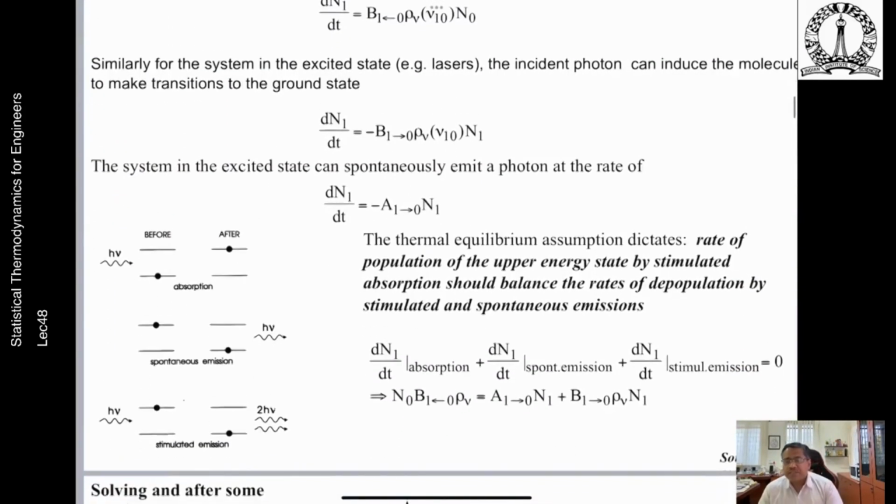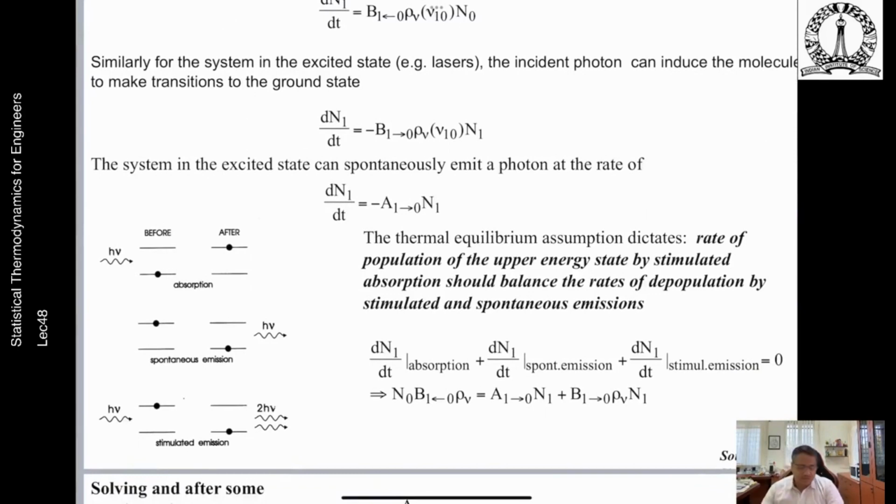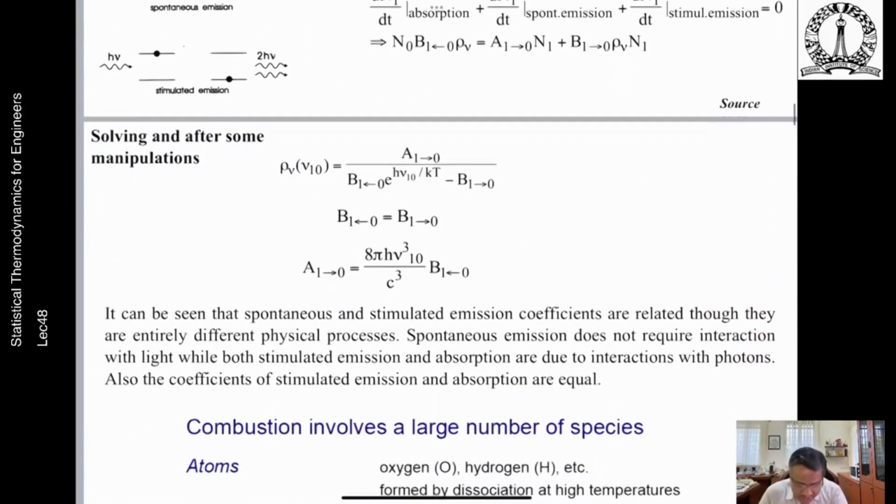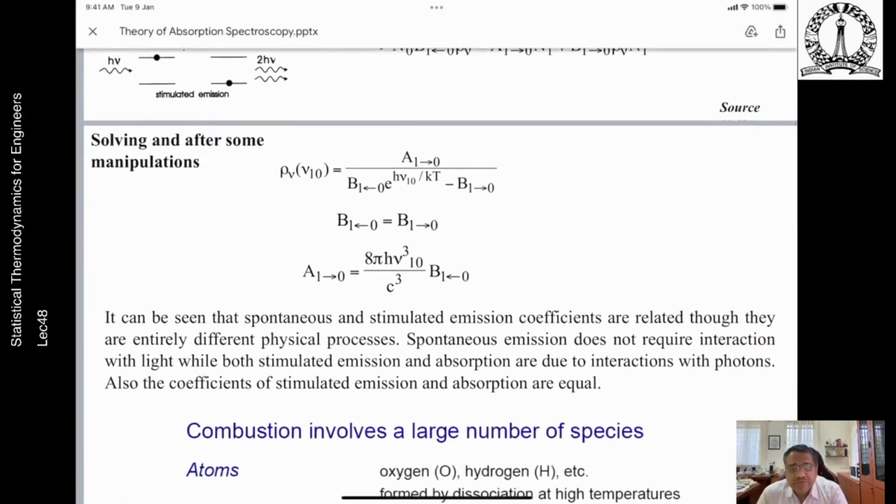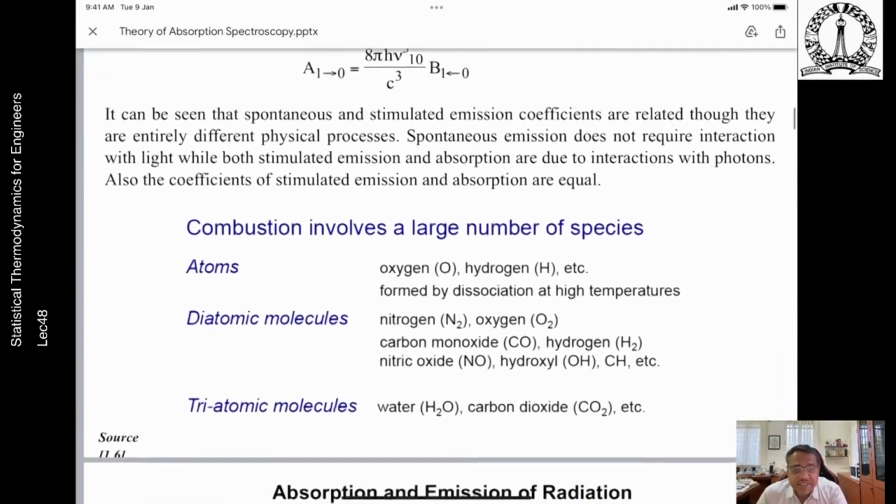These were the different rates of population of the upper state and the lower state. And this is how we calculated, if you recall, how the spontaneous and the stimulated emission coefficients were related.